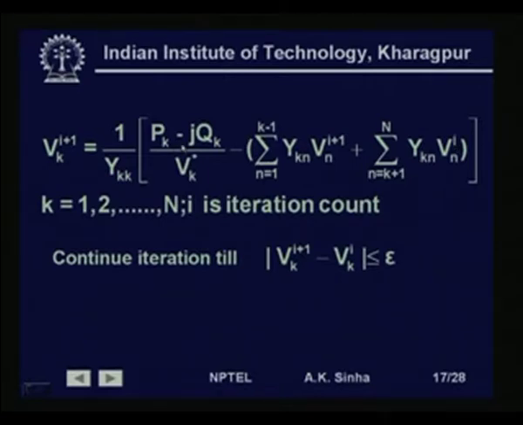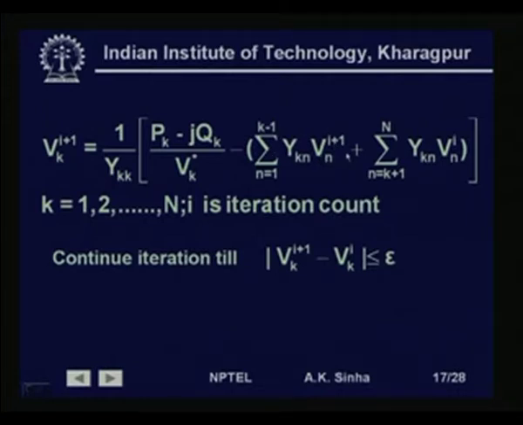Now, here you see what we have done is, as we keep on updating, the previous values are being replaced by the updated values. So, if we are finding the value at the i plus 1th iteration for bus 5, then we already know the i plus 1th iteration value for bus 1, 2, 3 and 4. So, those 4 bus values, the updated values, can be substituted here, right.